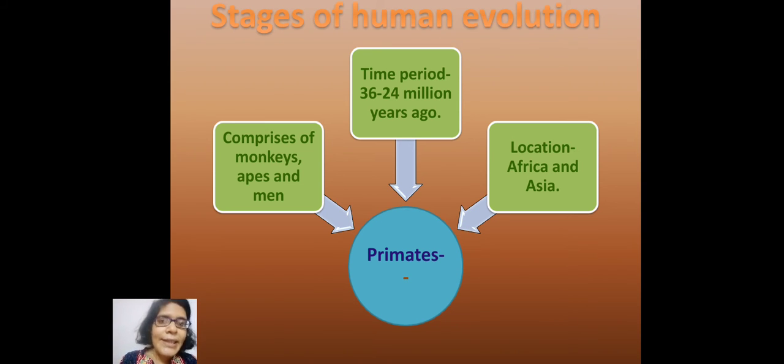They came later on. At the first stage of primates, that is 36 to 24 million years ago, see, I have mentioned the time period. During that time period, you do not get any human beings in this group. At that time we get monkeys and apes. The difference between monkeys and apes I will tell you. And basically where do we see them? We see them in the areas of Africa and Asia.